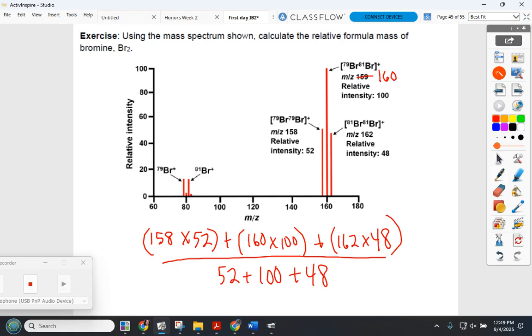Great question. What about 80? What happened to 80? Well, there's a tiny little bit you can see of 80, and maybe a tiny little bit of what looks like it might be 82. We are not counting that, and typically if you're asked to find the relative atomic mass or molecular mass, it will be obvious which peaks you're counting. You'll get the data for those. It'll be clear what those numbers are. I'm not sure, honestly, if these small bars around 80 are artifacts, or if it is just a very, very low abundance isotope.